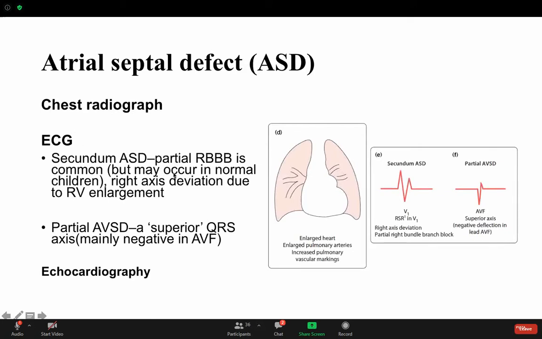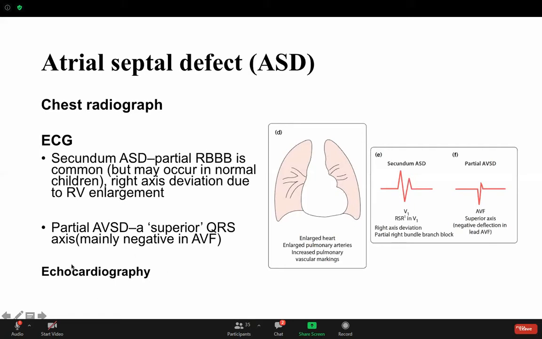ال ECG بالsecundum ASD they may have partial right bundle branch block and right axis deviation to the right due to the right ventricle enlargement. الإيكو أفضل شيء. الإيكو is very diagnostic, okay?